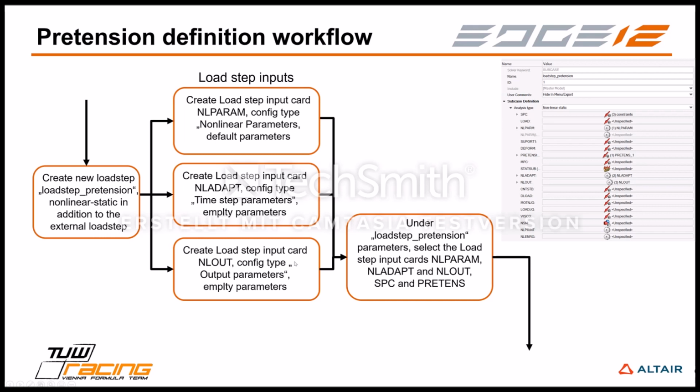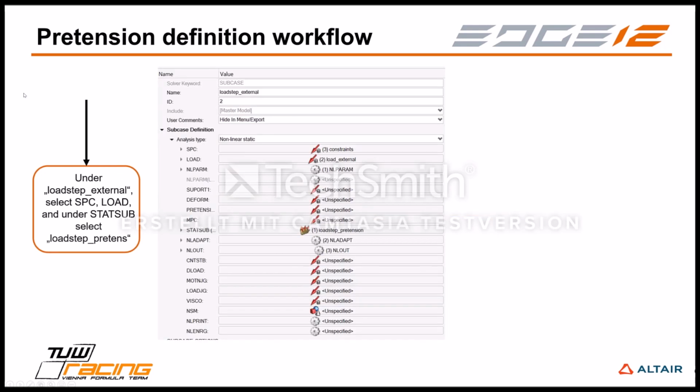And then under the load step pretension, we can select those input cards, as well as the constraints that we defined earlier. And also under pretens, we select our pretension load case that we defined in the pretension manager. Lastly, when creating our external load step, we select our constraints and our loads as usual. In addition to that, under STATSUB, we have to select our pretension load step.